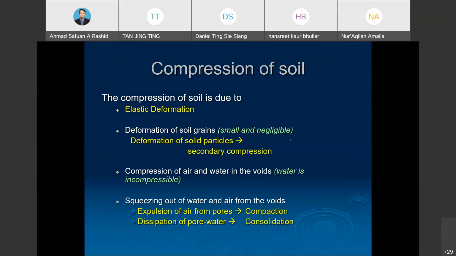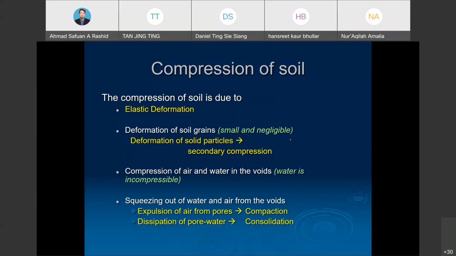Okay, the process we call compression is where we apply a load and the soil will compress. The compression of the soil is due to elastic deformation, because we will not apply a load up to the ultimate limit state conditions, so it still behaves under elastic deformation.